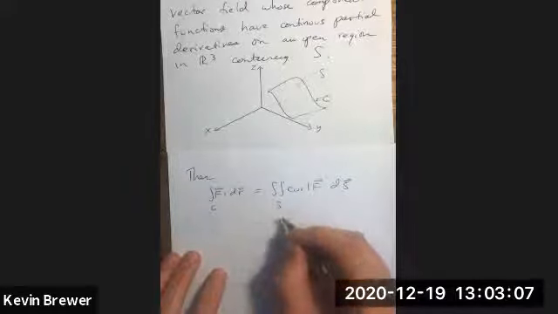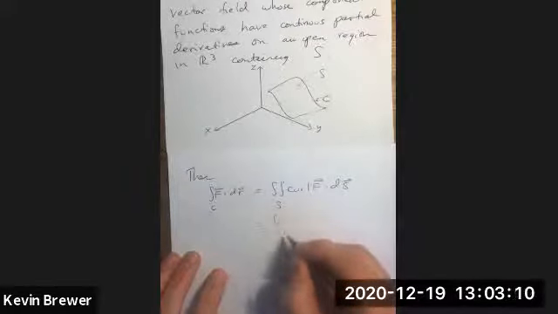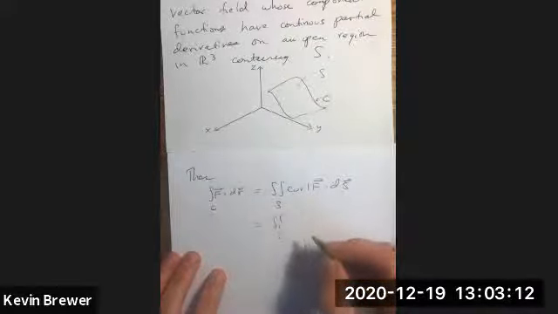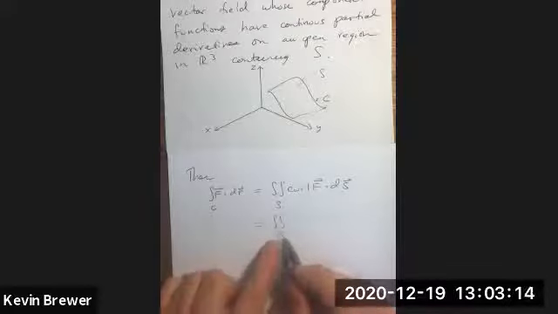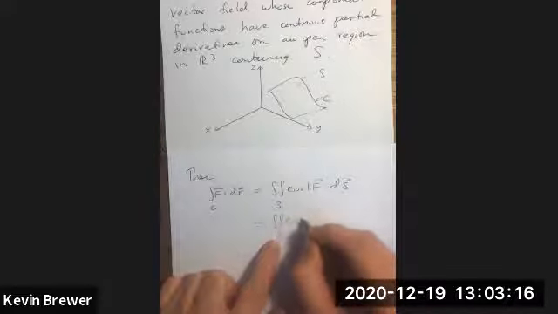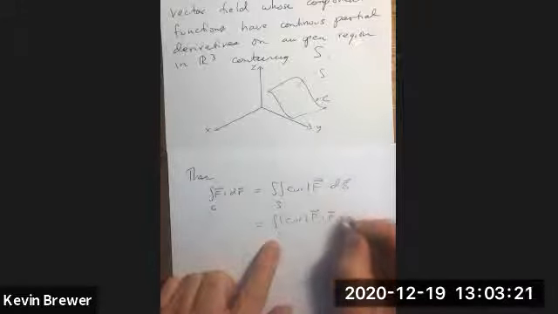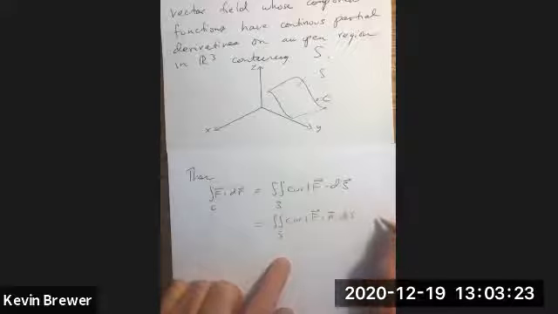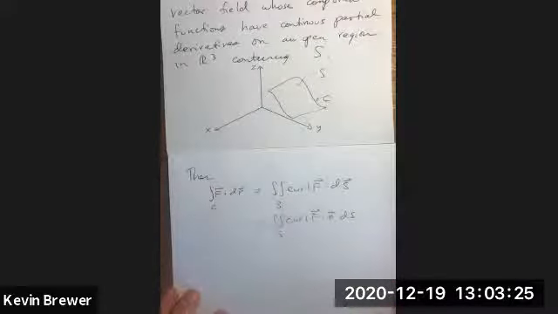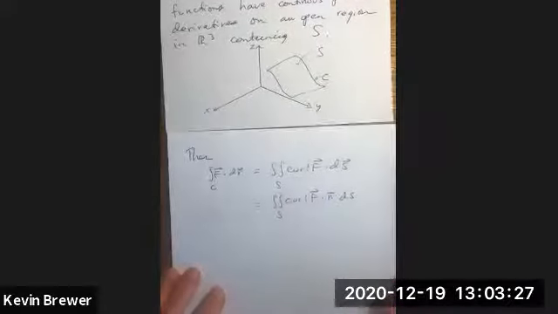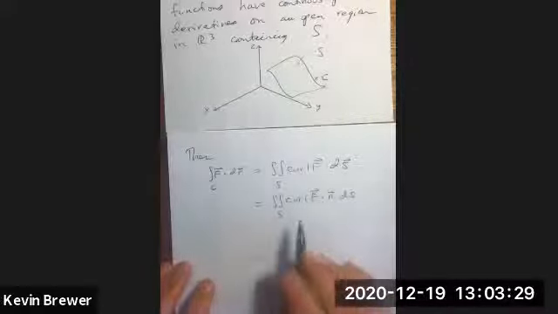This, as all surface integrals do, is cashed out as the double integral over S of curl of F dot n dS.